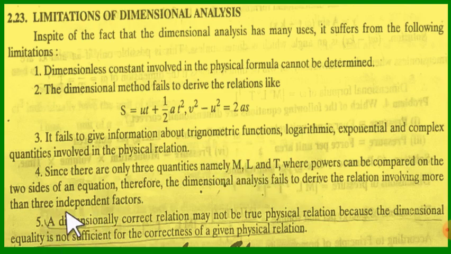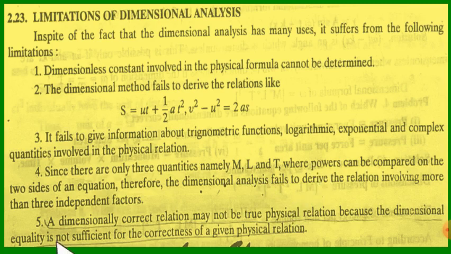Over and above this, if we have more physical quantities like Kelvin, thermodynamic temperature or mole, beyond M, L and T, then we can't use it to find the relation involving those physical quantities.